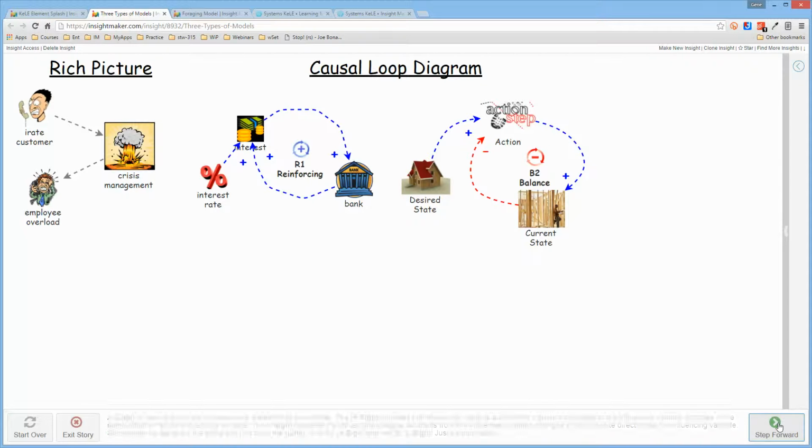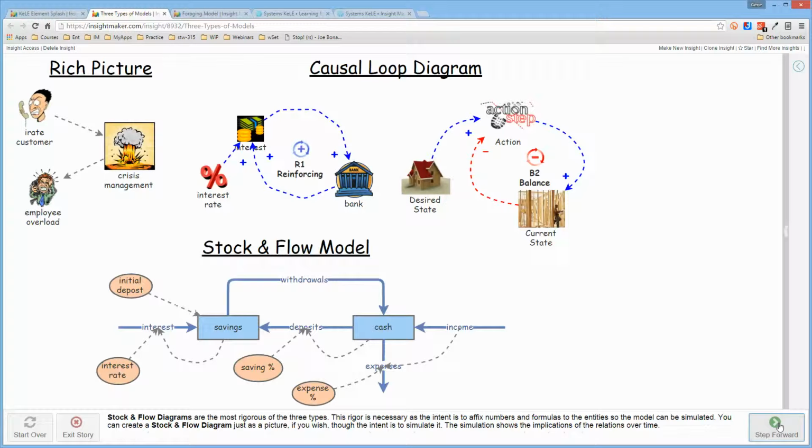The third type of relationship model you will find in Insight Maker most often is a stock and flow simulation model, where it actually uses accumulators or stocks, and flows between those, with variables which have various definitions that cause the flows to operate in certain ways.